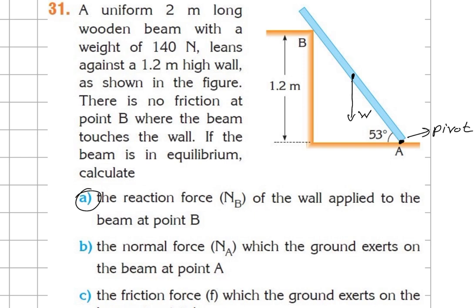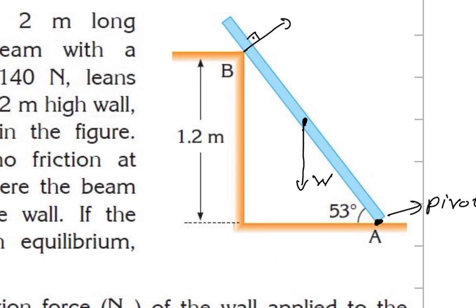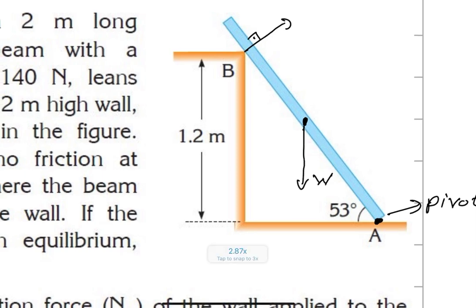And here, the reaction force applied from the point B will be exactly at right angle, because there is no friction with the wall. Okay, and now what should we do?